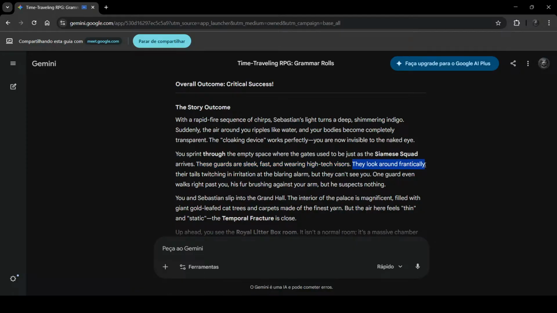They look around frantically, their tails twitching in irritation at the blaring alarm, but they can't see you. One guard even walks right past you, his fur brushing against your arm, but he suspects nothing.